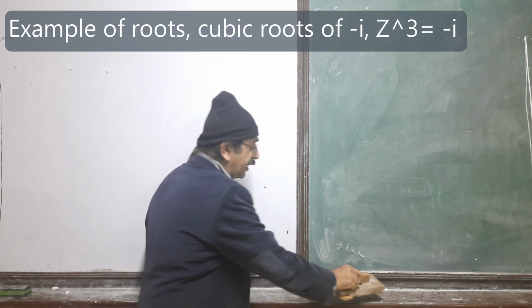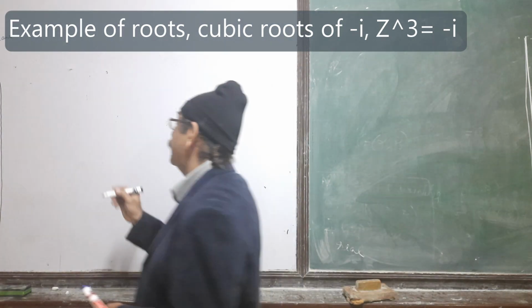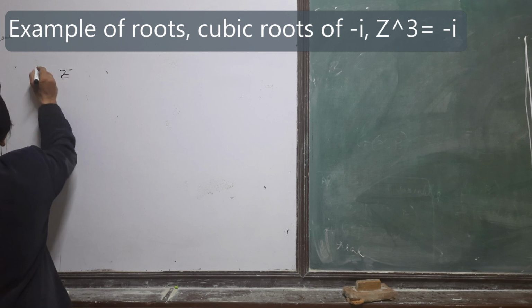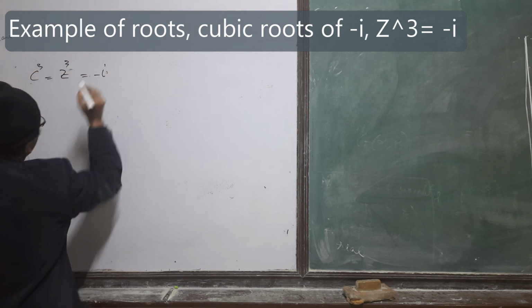It may be a C or it may be a Z. Okay, if you take C or Z, that cube is equal to minus iota, then what will happen?